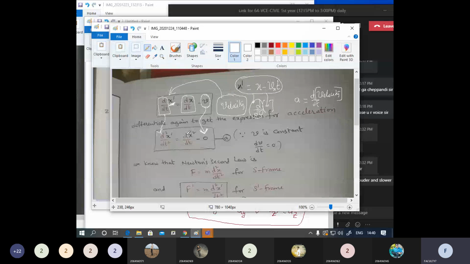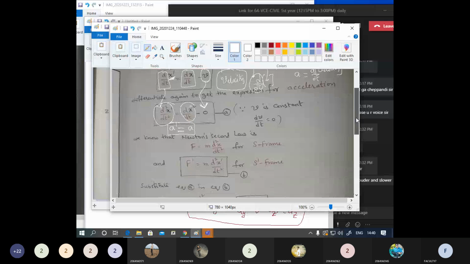Now here this will be d square x by dt square. Converting this, the acceleration in the second frame, a prime, will be equal to the acceleration in the first frame. Now the same thing we are going to conclude here.